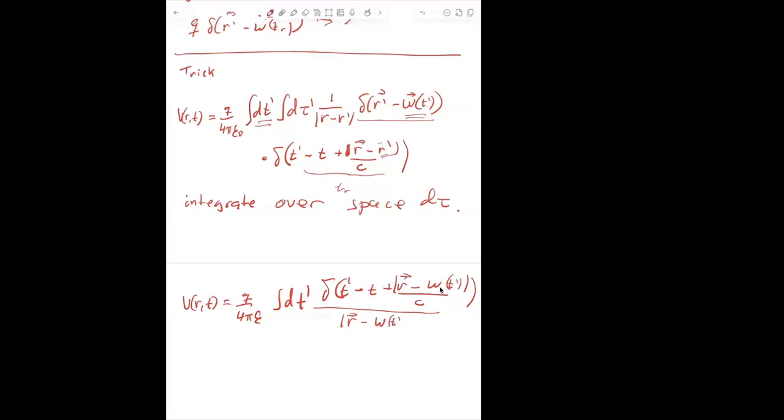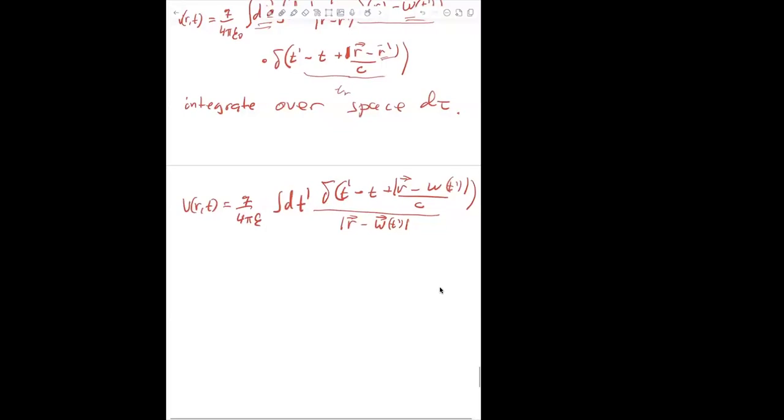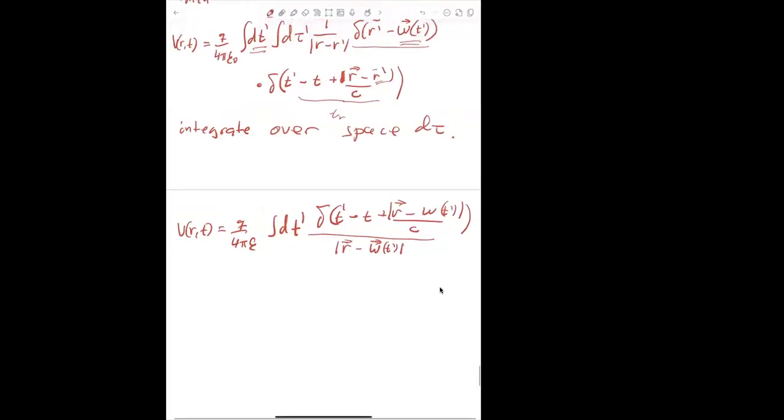And now I need to do this integral. Now it looks simple, but it is not simple at all. Why? Because I have here t prime, but I also have here t prime. If this were w(t), I would replace it simply by some t, for example, and this integral would be easy, but it's not easy because of t prime and t prime.